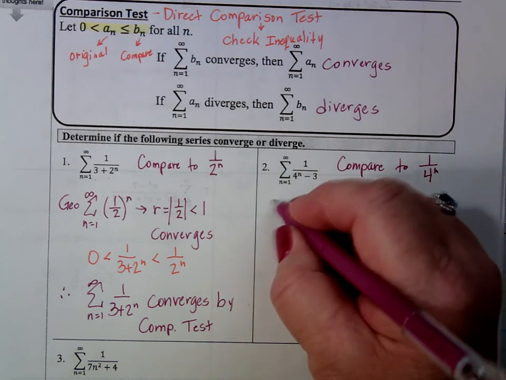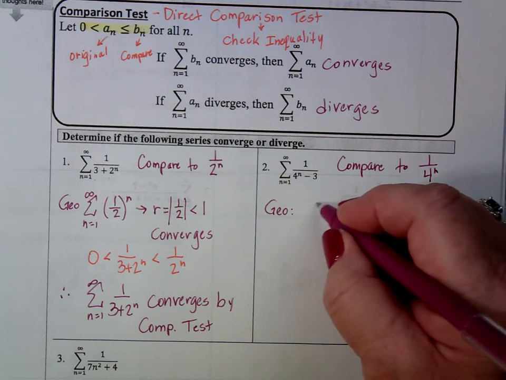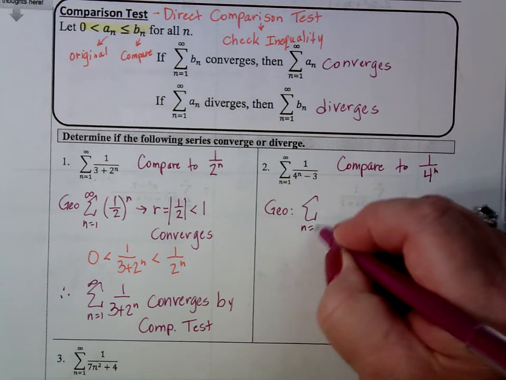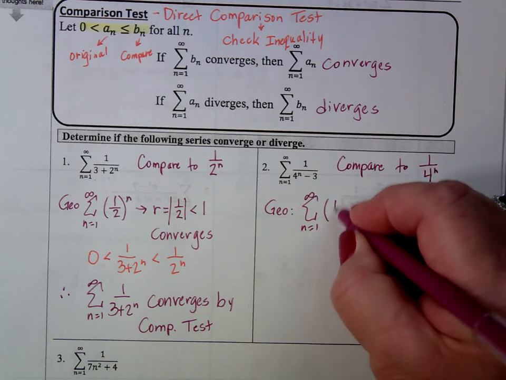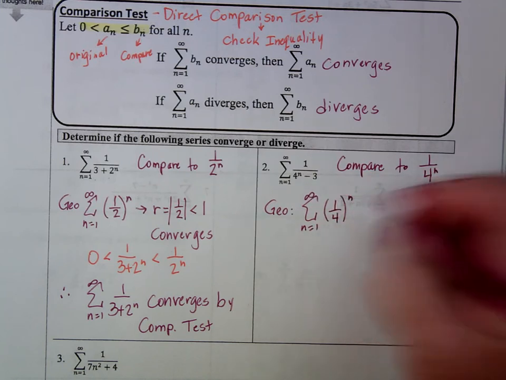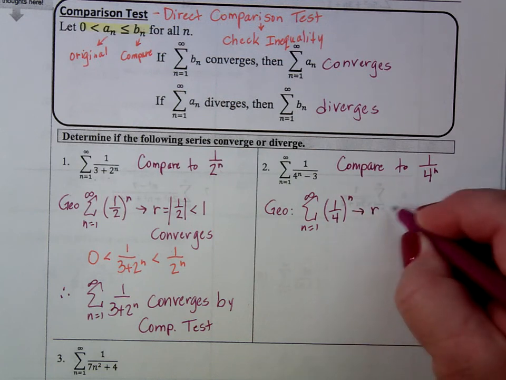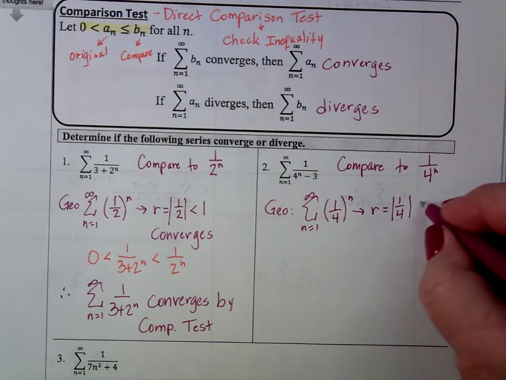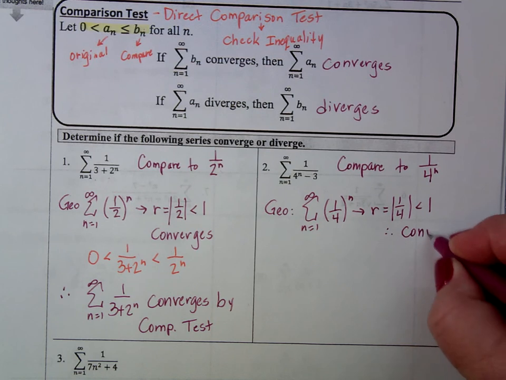Well, we know that's a geometric series, and so the sum from n equals 1 to infinity of 1 over 4 to the nth power is the same kind of thing as the last problem. My r is 1/4, and I know 1/4 is less than 1, therefore this converges by the geometric series test.